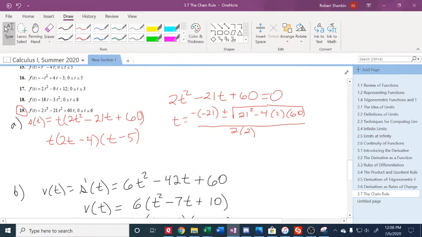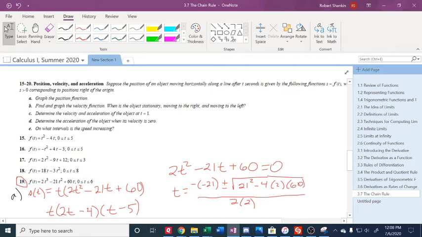I got stuck with number E. Okay. On what intervals is the speed increasing? All right. Now, when the speed is increasing, speed is the absolute value of the velocity.